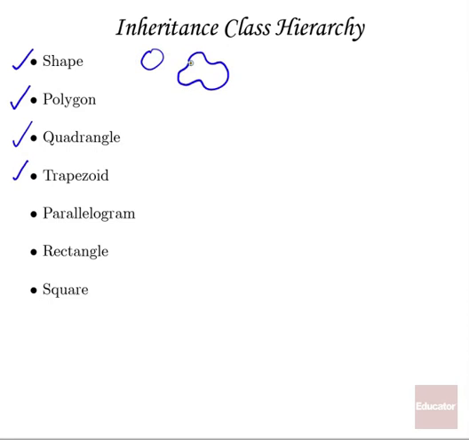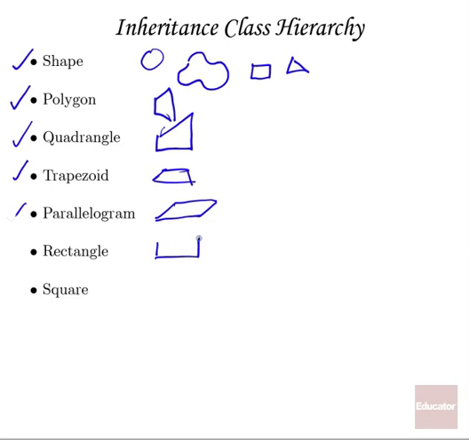These could be geometric, curved or straight lines. Then we're going to move on to a polygon, and any four-sided object, a trapezoid, and then we move on to even more specific, a parallelogram that has two sets of parallel lines.